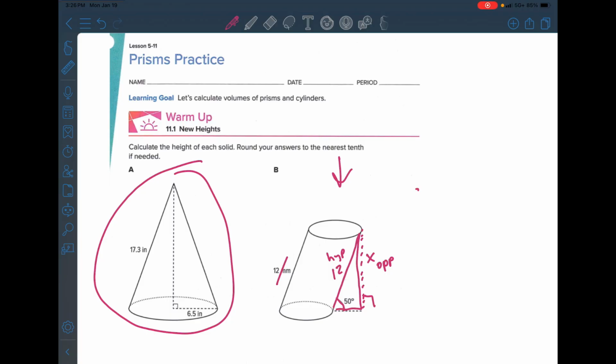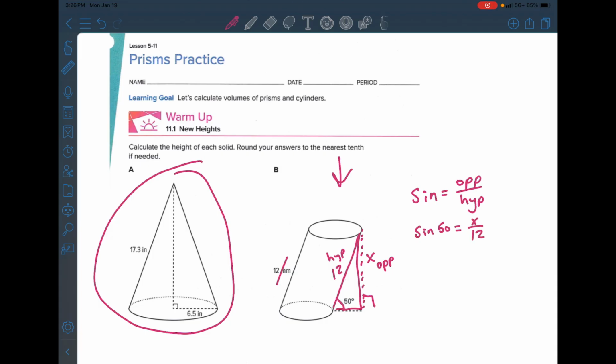And we know that sine equals opposite over hypotenuse. So we're going to put this in the equation to find the opposite side. So sine of 50 equals my opposite over my hypotenuse.